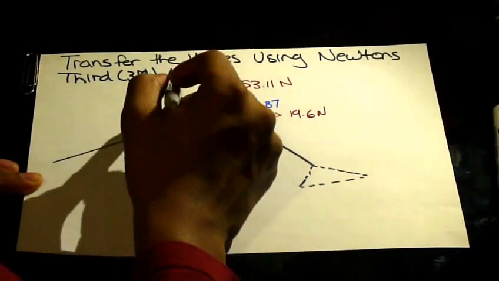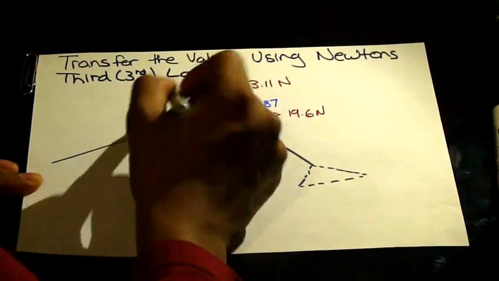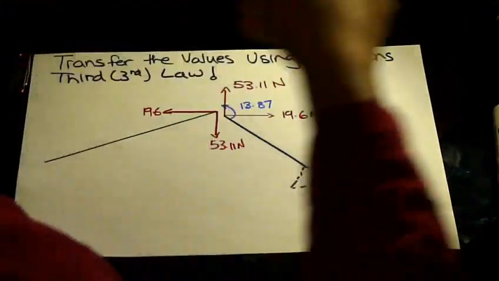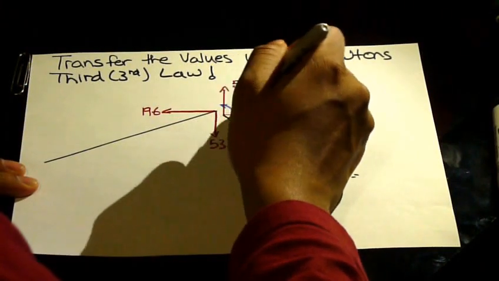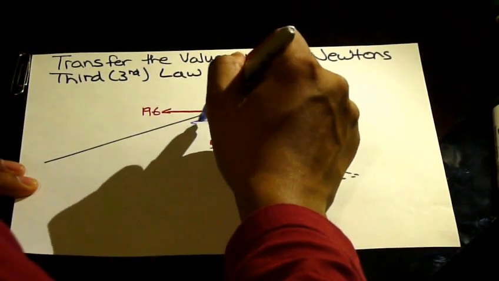Right? That's how you transfer them. Even the moment. It's going up, this is positive. This will be negative.